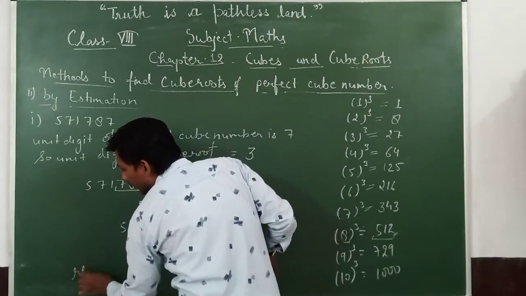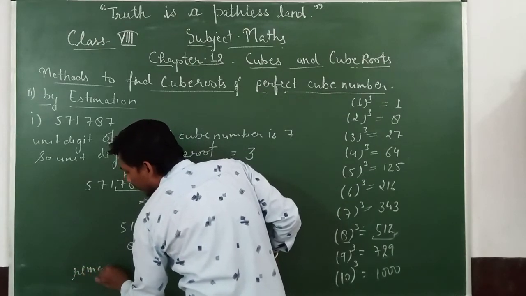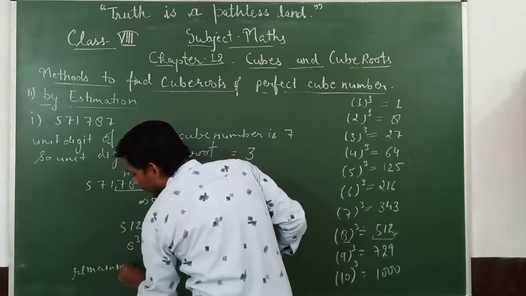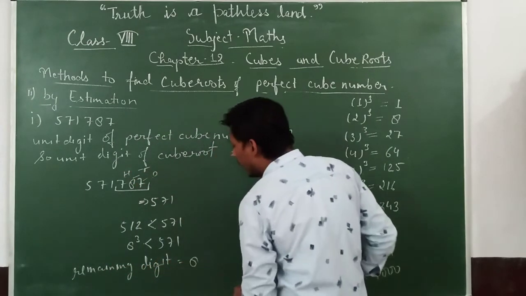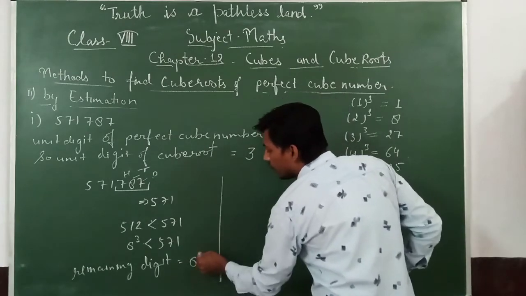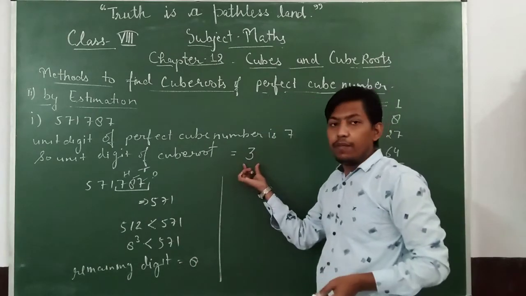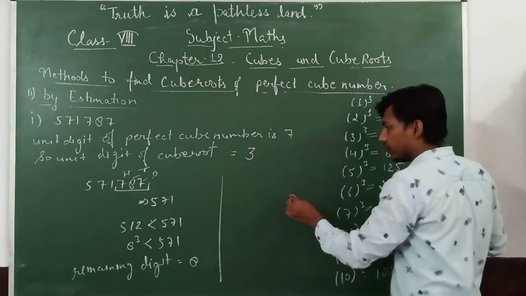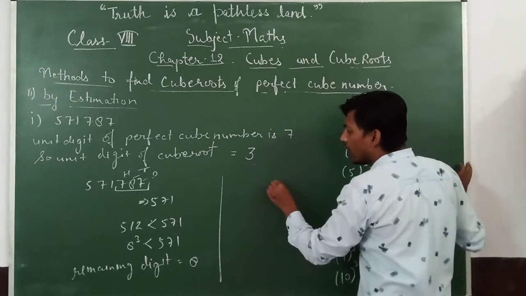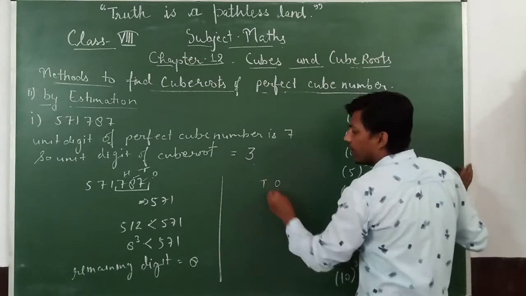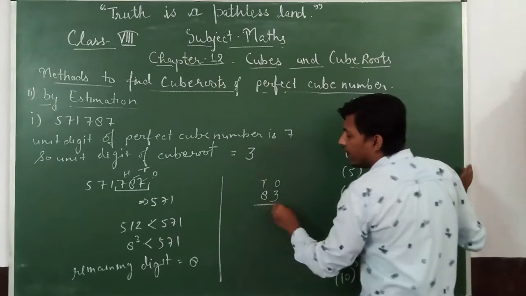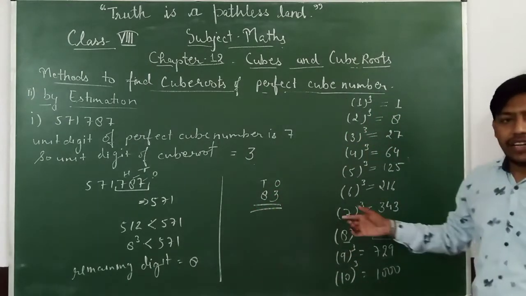So the remaining digit is 8. Now this 3 will be on the ones place, and this 8 will be on the tens place. Combined together, we get the number 83.